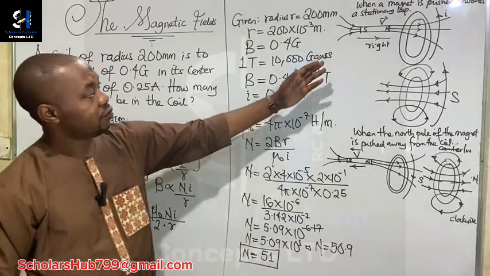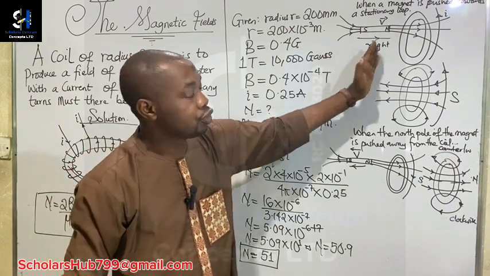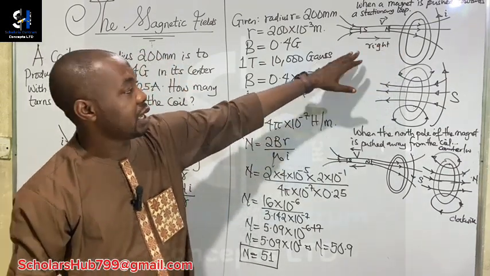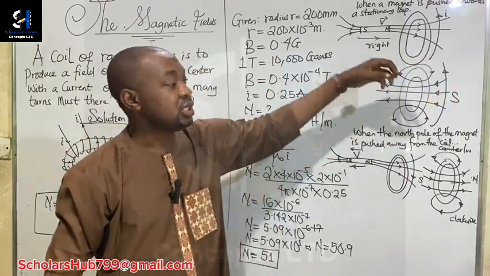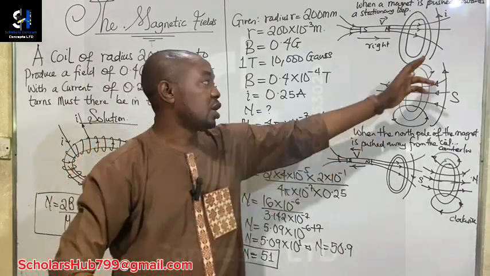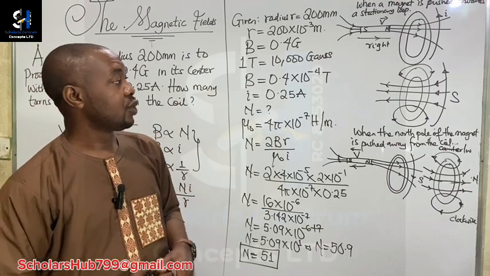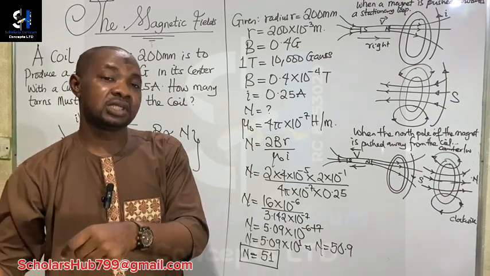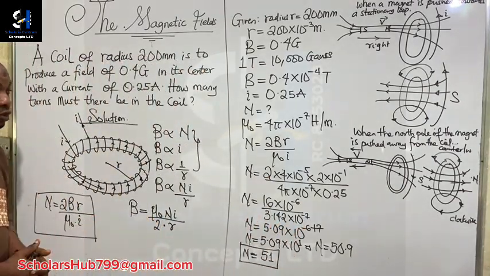Just like the case of when the north pole of the bar magnet is pushed towards the stationary conducting loop, and like I said, a current will be induced. This is the induced current. This induced current will flow in a particular direction, and this is the direction. The direction of magnetic field depends on the direction of the induced current flowing through the coil.